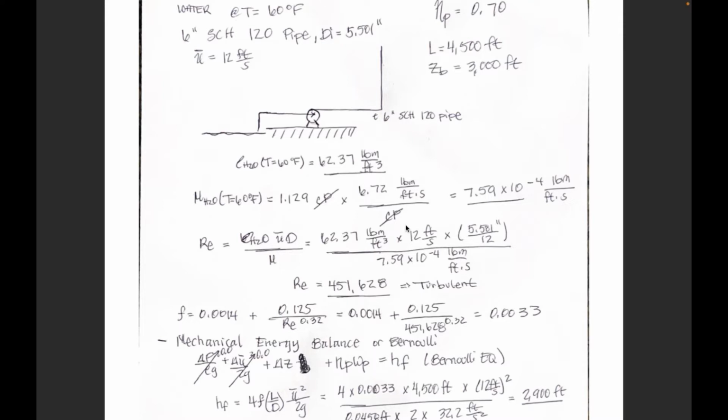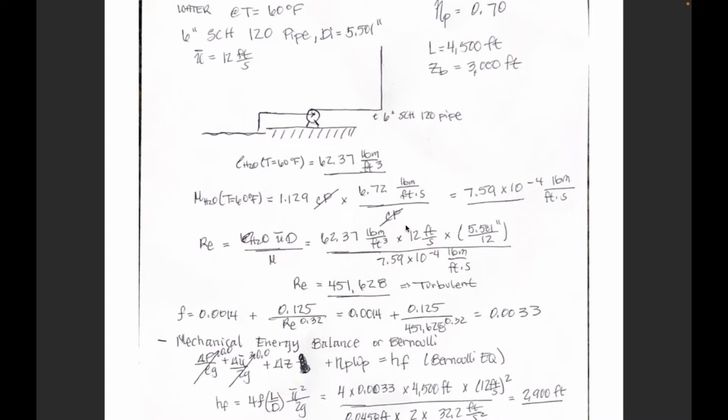All right, so I calculate the density at 60 degrees Fahrenheit, which I got from this book called Unit Operations of Chemical Engineering. That density is 62.37 pound mass per feet cubed.